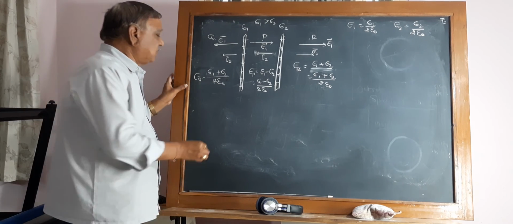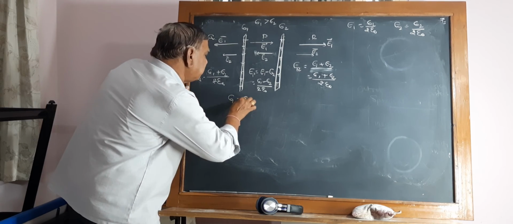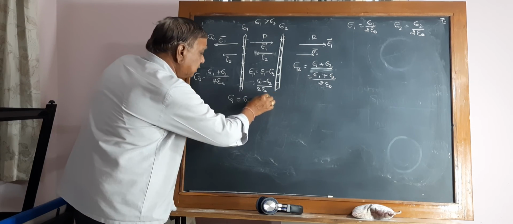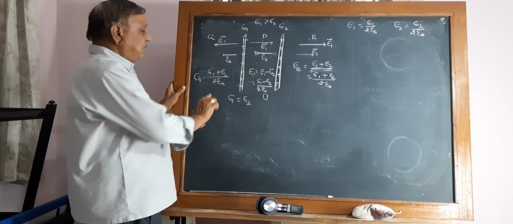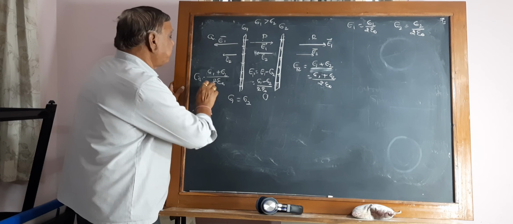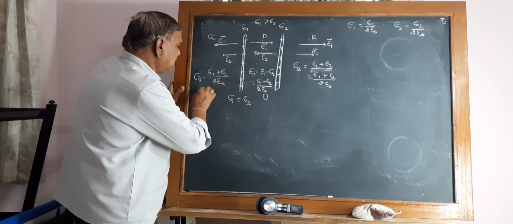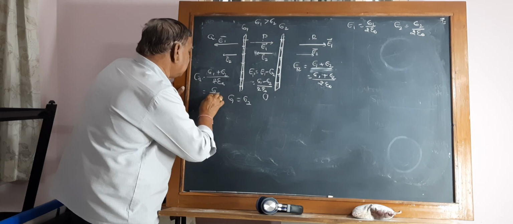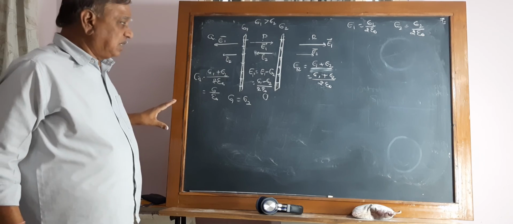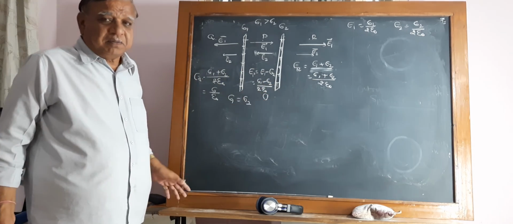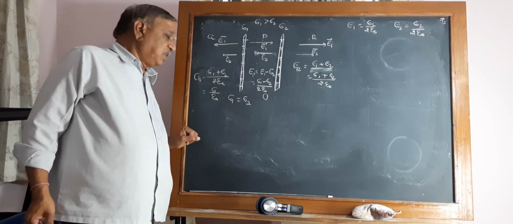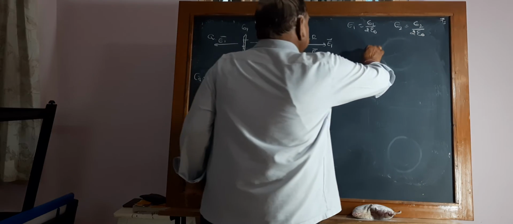For the special case, suppose sigma 1 equals sigma 2, then inside it becomes 0. While on both sides outside it becomes double, meaning sigma plus sigma, so 2 sigma by 2 epsilon 0, meaning sigma by epsilon 0 on both sides. The field outside the region doubles, while inside it is 0.